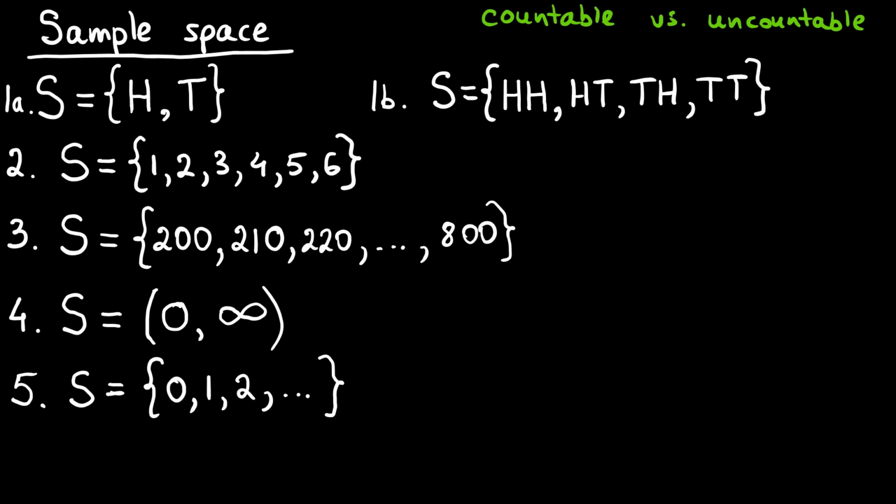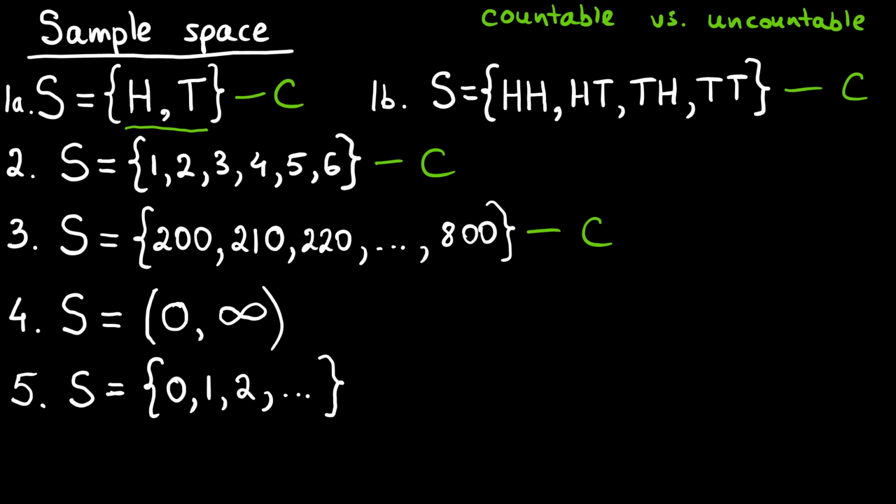In 1a we have a sample space that consists of 2 elements, so it's a finite set of elements, therefore the sample space is countable. In 1b we've got 4 elements, countable. Experiment 2, we have another sample space that consists of a finite set of elements, countable. 3, countable as well.